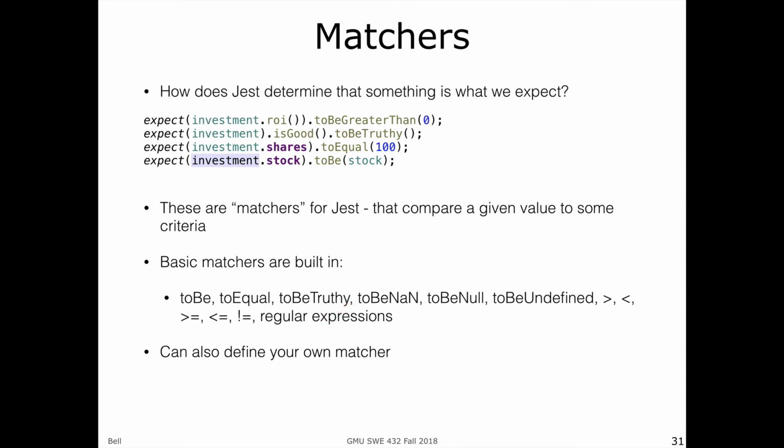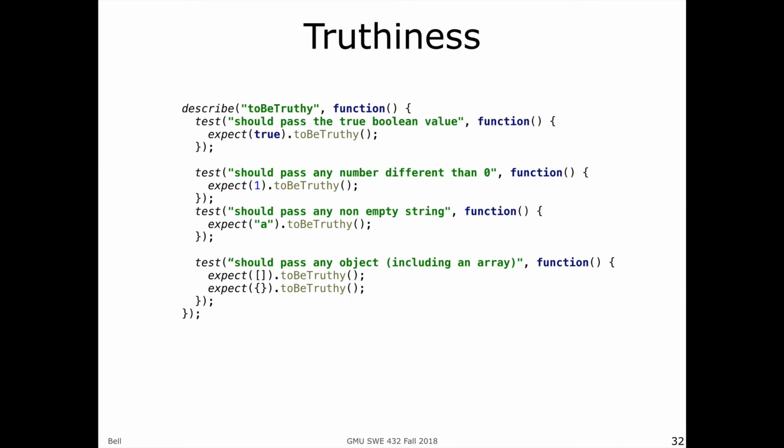Truthy is kind of the weird one. So truthiness is really just this JavaScript notion of if you were to say if blank, the question is, does this code run? Is this condition truthy? Truthy we use instead of the word true because things that are not necessarily just true are truthy.